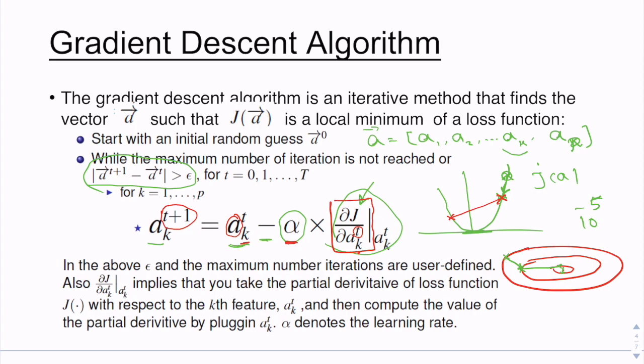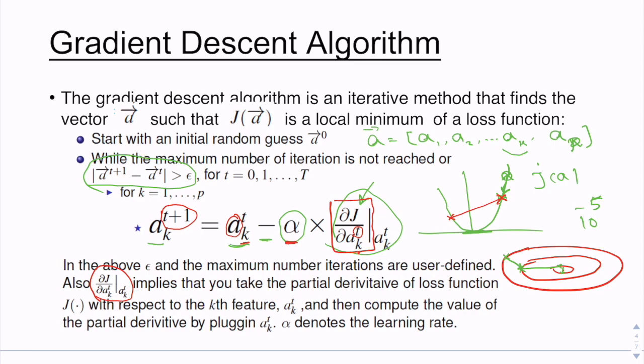this value is the magnitude of the slope. This notation means you take the derivative with respect to the kth parameter, and then you evaluate it. You compute the partial derivative, which gives you a function, and then you plug into that function the current estimate for the parameter.